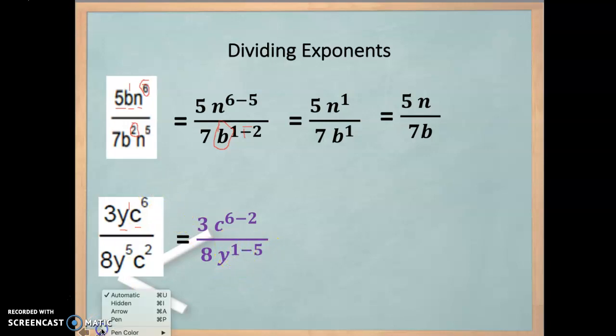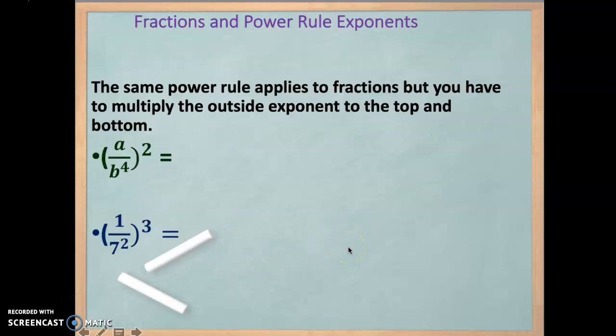On the c, the exponent is larger on the top. 6 is larger than 2, so I know c will end up on the top, and we will subtract the exponents as 6 minus 2. When I simplify it, I'm going to get 3c to the 4th, because 6 minus 2 is 4. And then 1 minus 5 is negative 4, so it's represented at the bottom of the fraction.